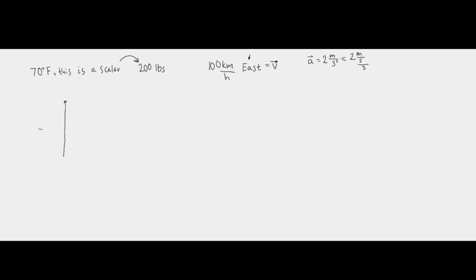So if I draw my xy axis, and I want to represent displacement, let's start from the origin and say I traveled some distance in a northeastern direction. Let's say it's perfectly northeast.